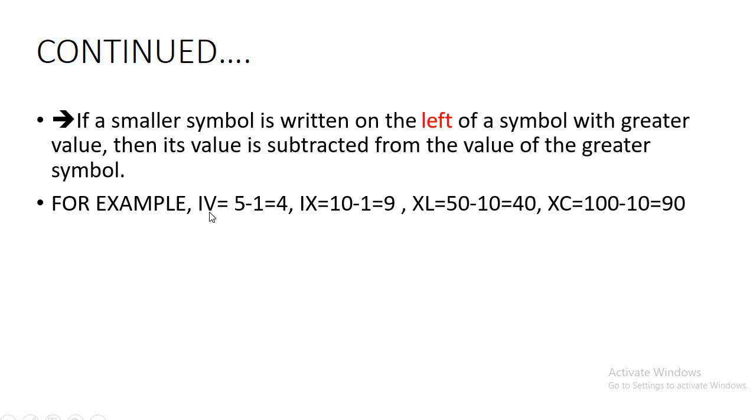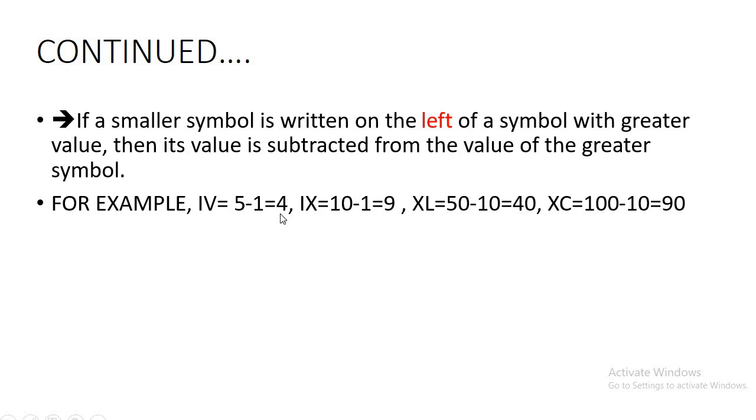So I is present to the left of 5, where 5 is the greater symbol and I is the smaller symbol. So when the smaller symbol is present on the left, its value is subtracted from the bigger symbol. So V represents 5 and I represents 1. So 5 minus 1 gives you 4.